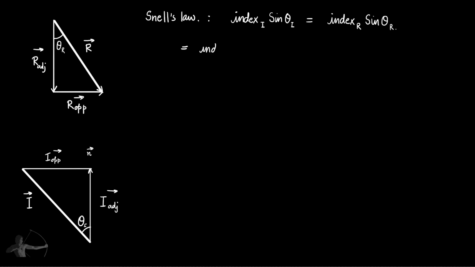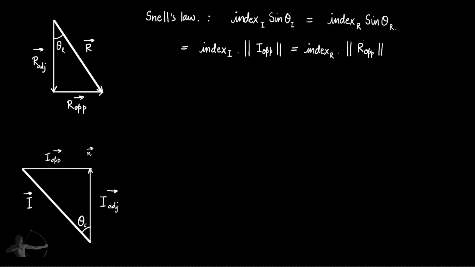So index I, the refractive index of the medium in which the incident ray is traveling, multiplied by the magnitude of I opposite, equals index R, the refractive index of the medium in which the refracted ray is traveling, multiplied by the magnitude of R opposite.